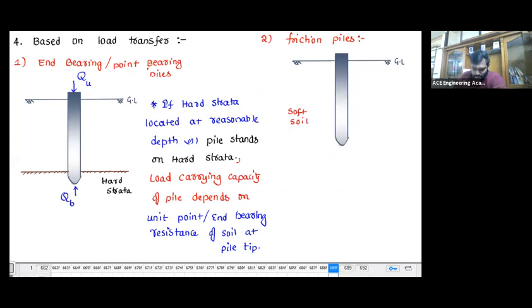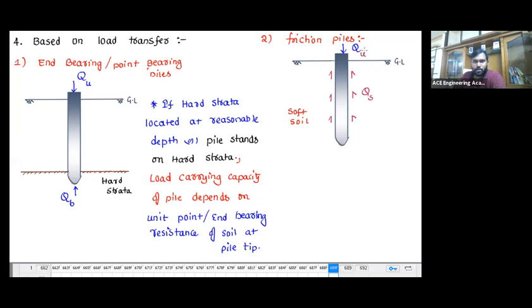Now when I apply load, the load taken by this pile depends upon the skin friction, or frictional resistance, developed between the soil and the pile along its length, which is nothing but QS. Here I am neglecting the end bearing because there is no hard strata.